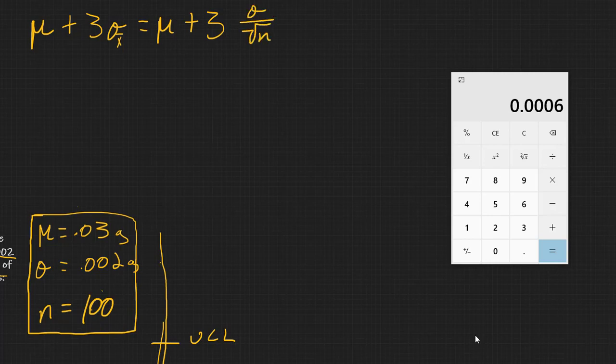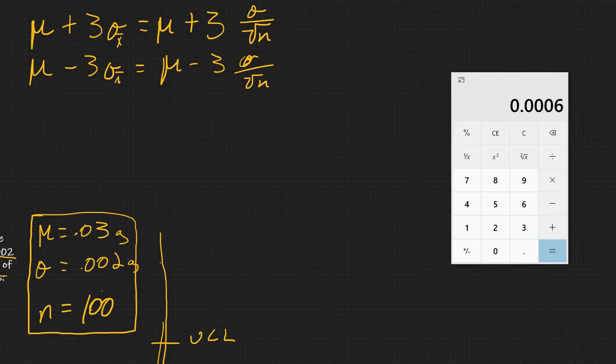We're going to do the same thing with the minus for the lower control limit: mu minus 3 sigma over the square root of n. And now we've got our stuff over here.